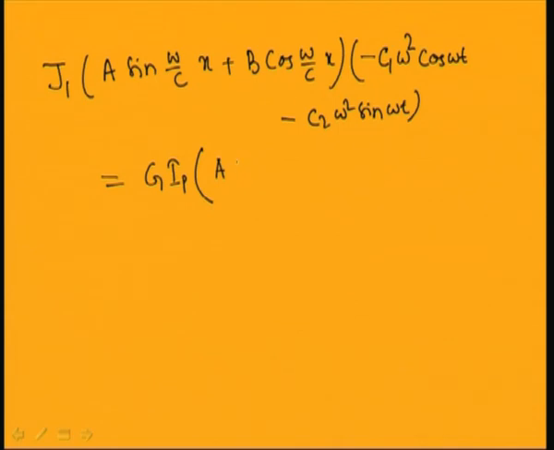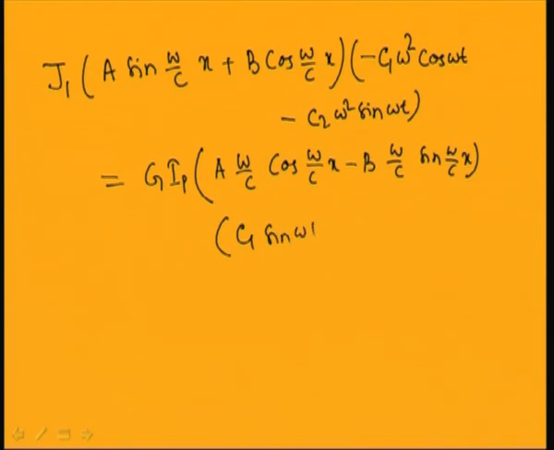If you differentiate it once, this becomes A omega by C cos(omega/C x) minus B omega by C sin(omega/C x), into C1 sin(omega t) plus C2 cos(omega t).